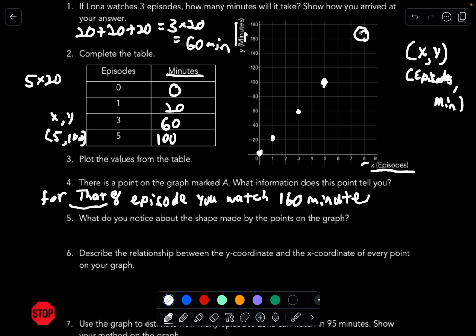And the ordered pair there is 8 comma 160. Now remember, it's always going to be the horizontal axis, the x-axis, that goes in front, x comma y. You have to know that. That's how ordered pairs are labeled.